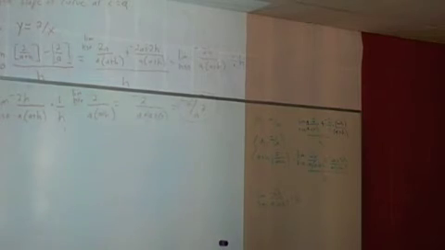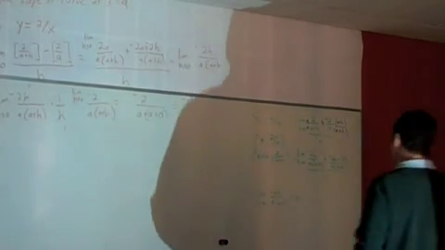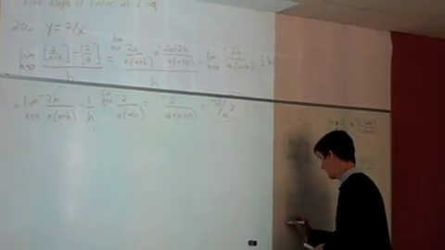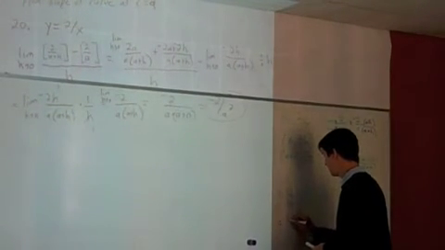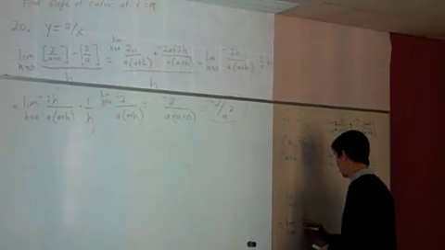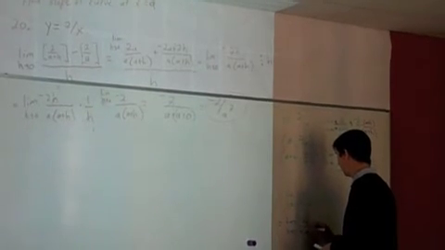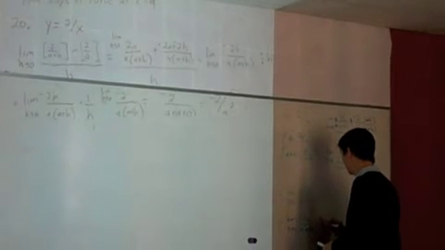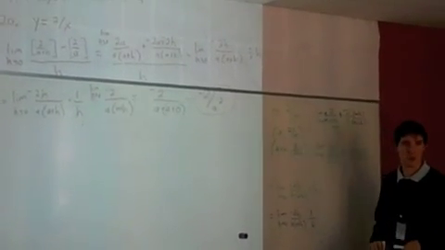Dividing is the same as multiplying by the reciprocal. So this is the same as the limit as h approaches 0 of negative 2h over a plus h times 1 over h.